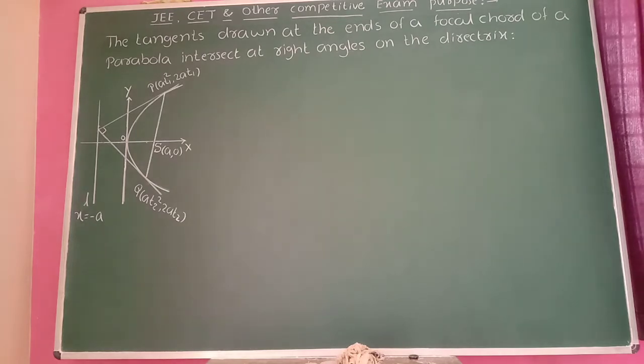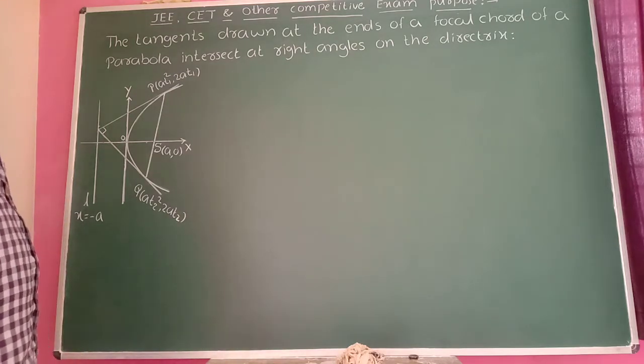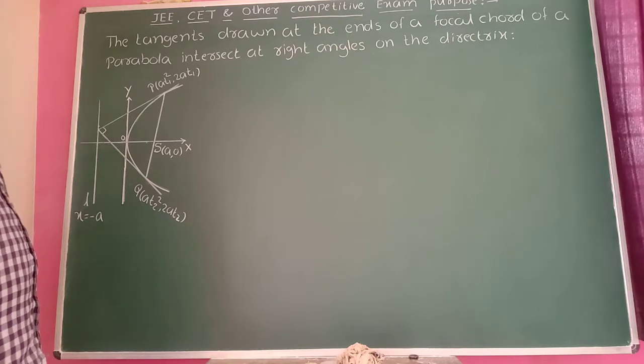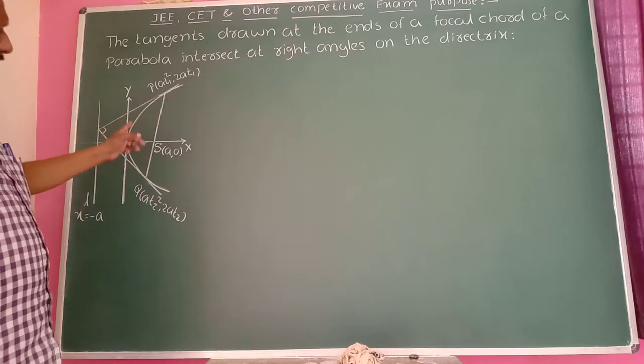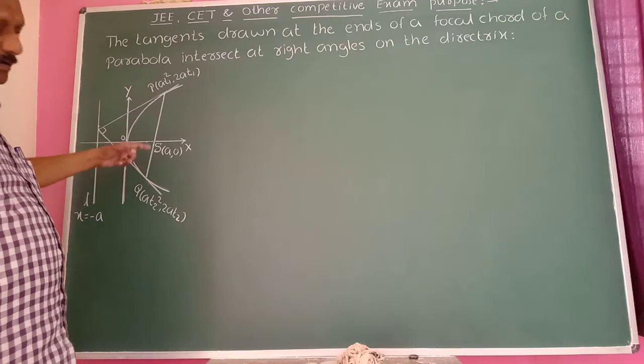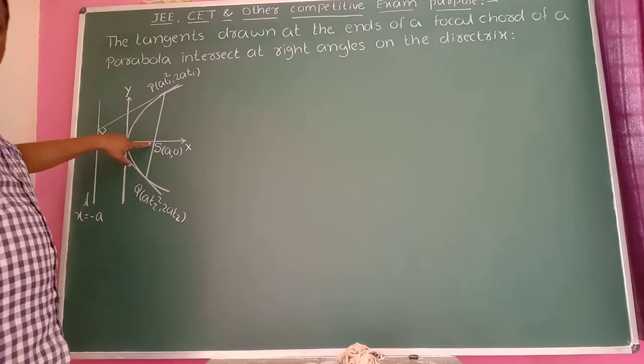So there is one property here. The tangents drawn at the ends of a focal chord of a parabola intersect at right angles on the directrix here. So this is a parabola. Here PQ is called a focal chord here. The line passing through the focus S is called a focal chord.